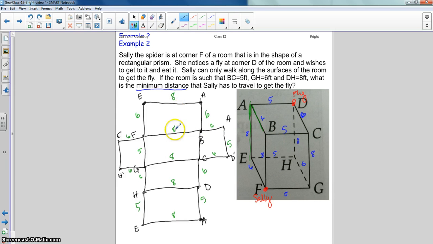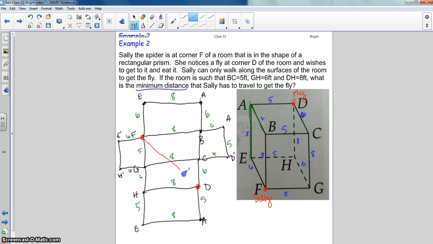So I first made all the rectangles on the sides, and then I left the bases attached at BC. Okay, so now on my diagram I have Sally being at point F and the fly being at point D. And if I want to determine the shortest distance, well, the shortest distance is given by a straight line. That's not really a straight line, but you get the idea.